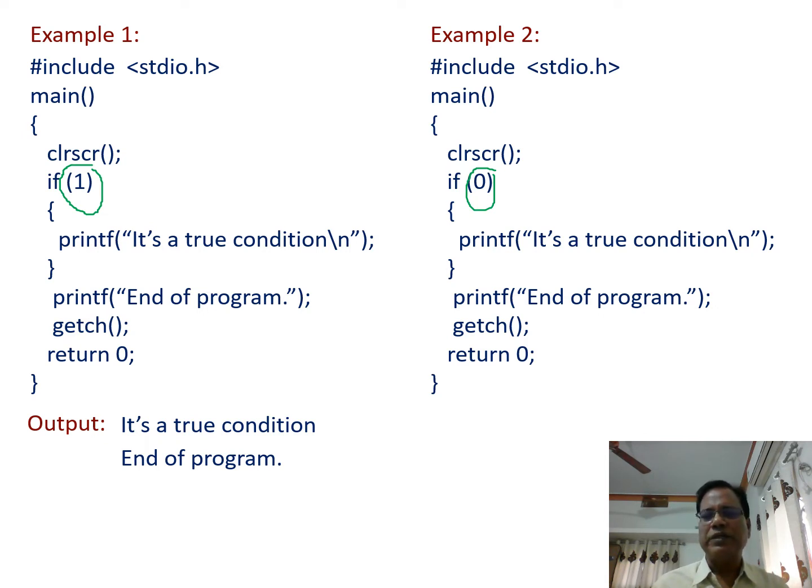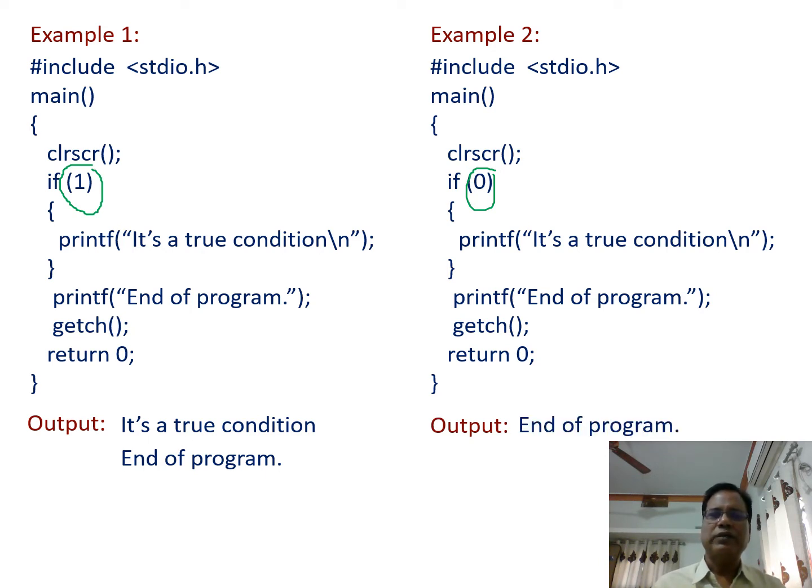So when the condition is false, the body of the if statement, that is, what is written within the open and close braces, is skipped, and out of the if block, that is, the printf function, end of the program, is executed. So when this program is run, we get the output like this: end of the program.